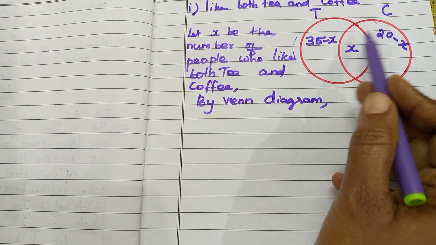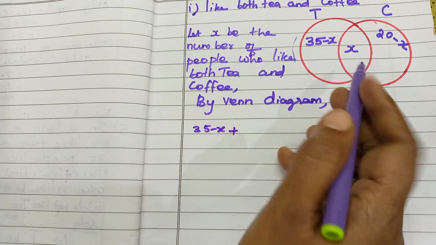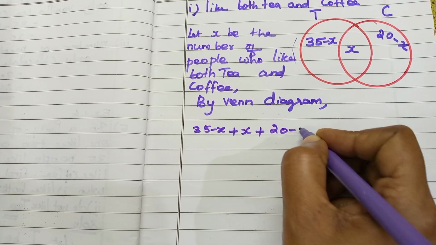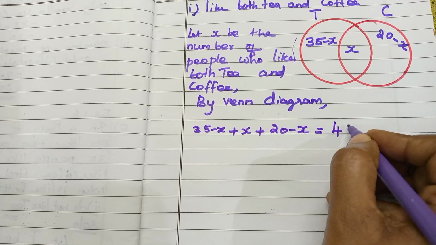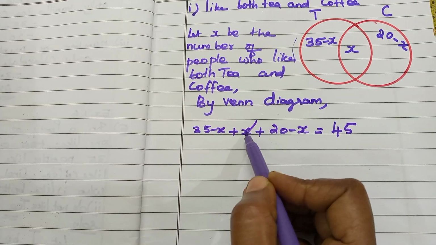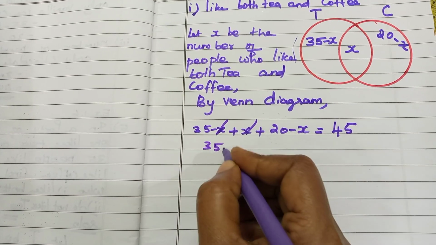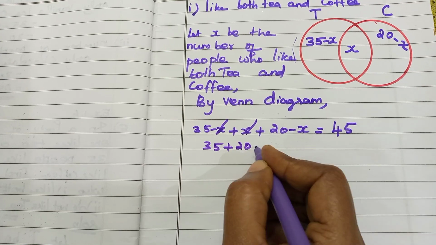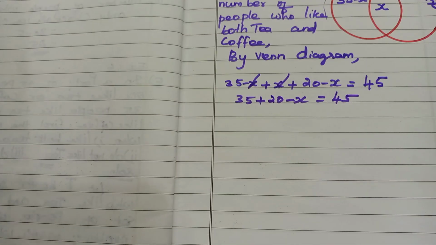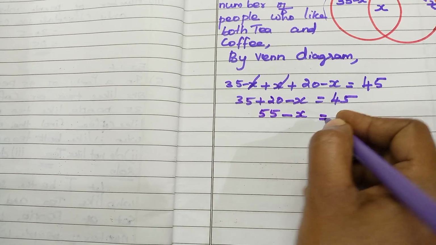The sum of both circles, 35 minus x plus x plus 20 minus x, is equal to the given total number of people, 45. Now plus x and minus x can be cancelled. Remaining 35 plus 20 minus x equals 45. Adding 35 and 20, we get 55 minus x equals 45.